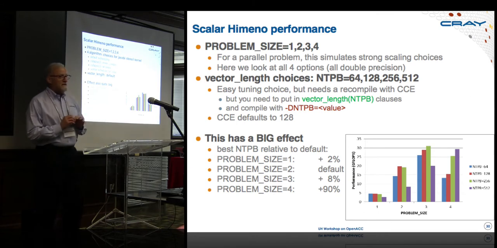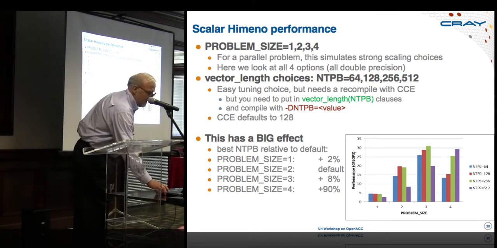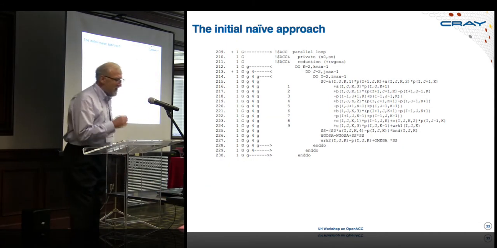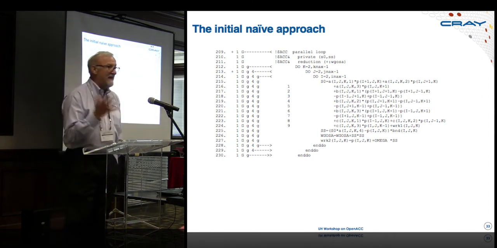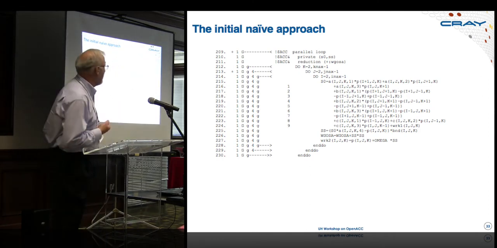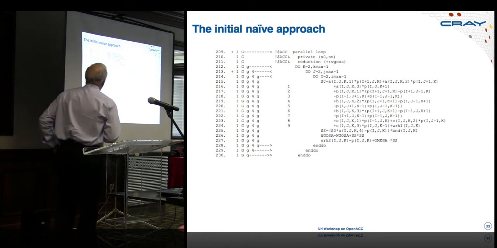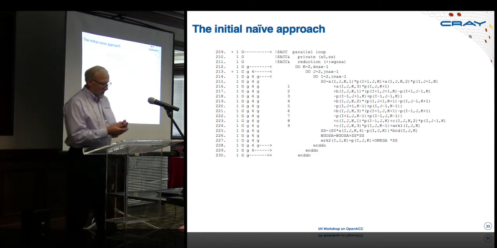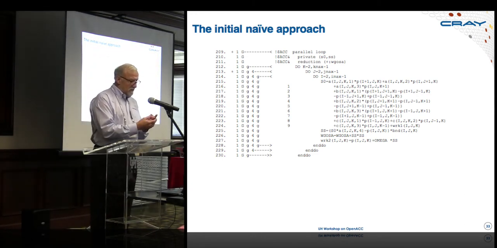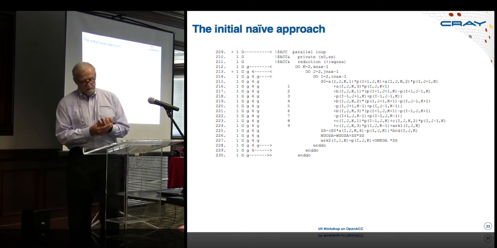Now, there are other ways of dealing with this. In fact, why don't I go to this? This was the initial naive approach that the compiler took. On the accelerator, you have the ability to do 3 levels of parallelism.